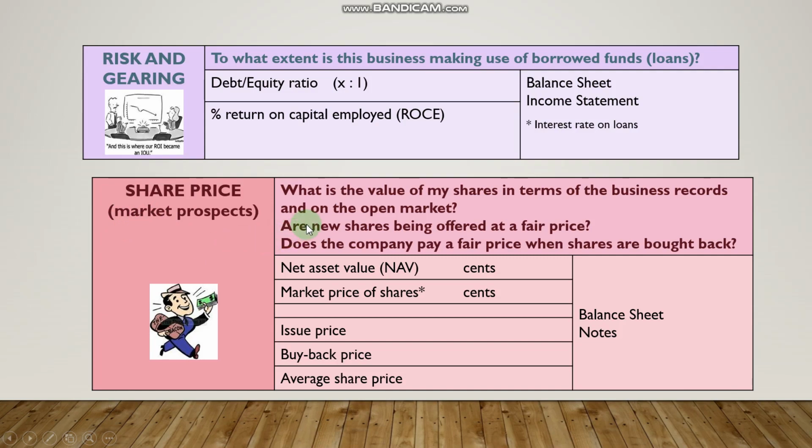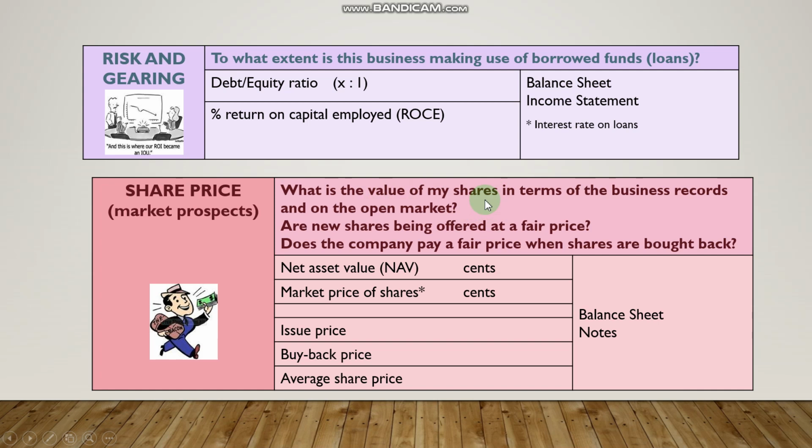This category would answer questions like, what is the value of my shares in terms of the business records and on the open market? That question is quite a nice question. You need two things to look at here. What is the value of my shares in terms of the business? The business records will be against the balance sheet, and on the open market, we're talking here about the stock exchange.